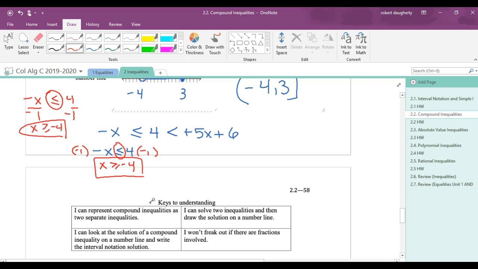Okay? And then over here, I've got 4 is less than 5x plus 6. So if I subtract 6 from both sides, -2 is less than 5x, divide by 5. So -2/5 is less than x, or x is greater than -2/5.